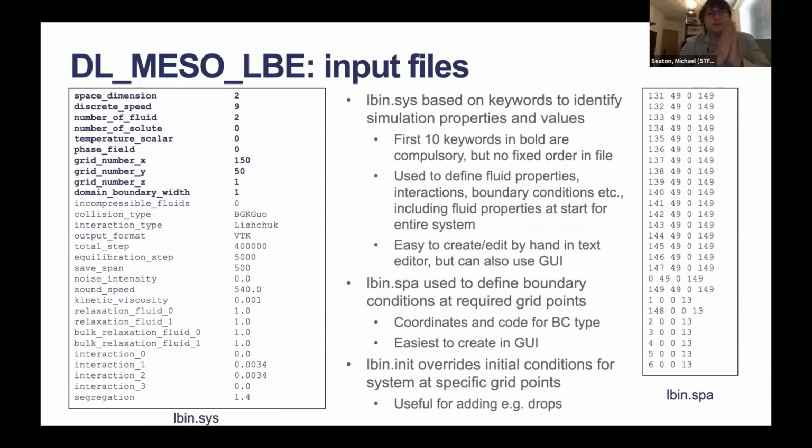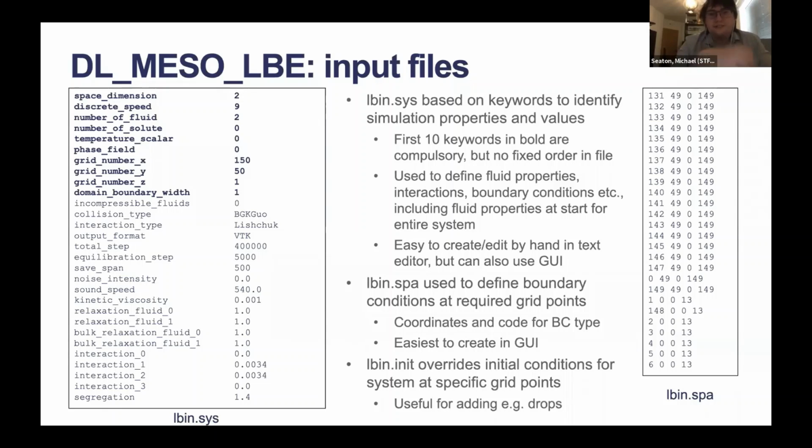And so the two really important input files look like these. The lbin.sys file is based on various keywords to identify the simulation property and then the value. Now, the first 10 I've shown here in bold are the ones you have to include for all simulations, but there's no fixed order in which they can come. So those don't have to come at the top of the file, for instance.